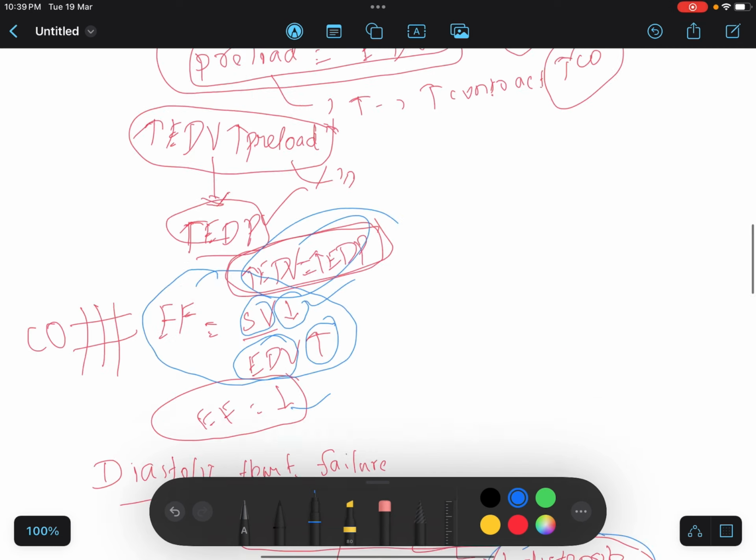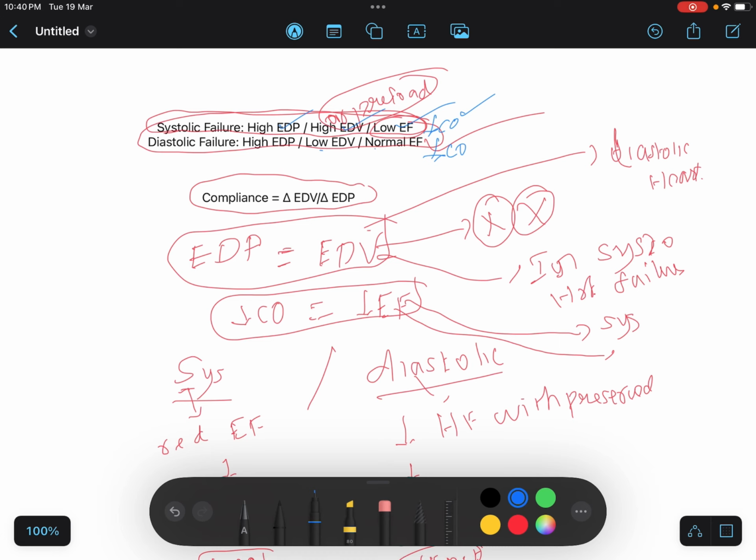Okay, fine. Now we are going to see this equation. Diastolic heart failure is high end diastolic pressure, low end diastolic volume, normal ejection fraction, and decreased cardiac output. I asked you two questions. Is end diastolic pressure equal to end diastolic volume?